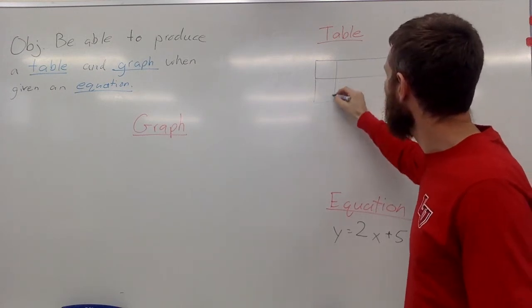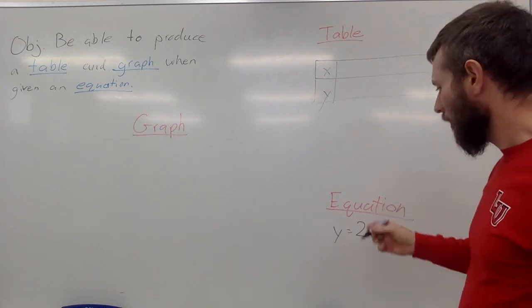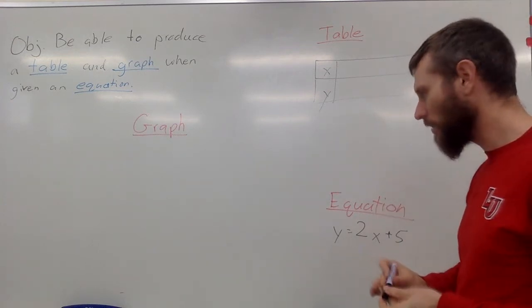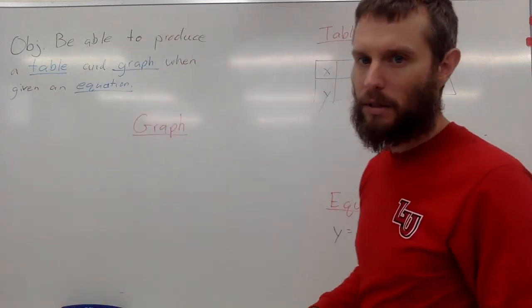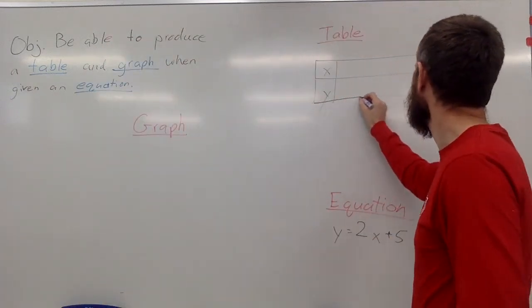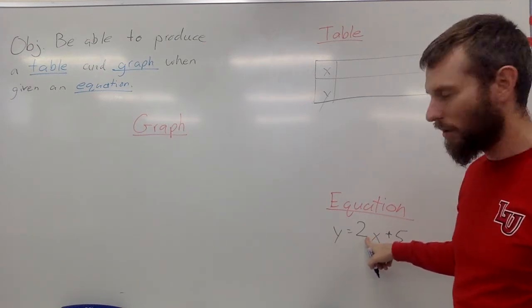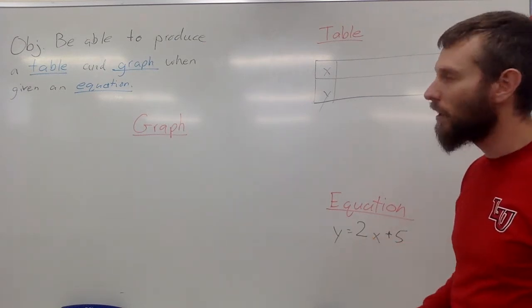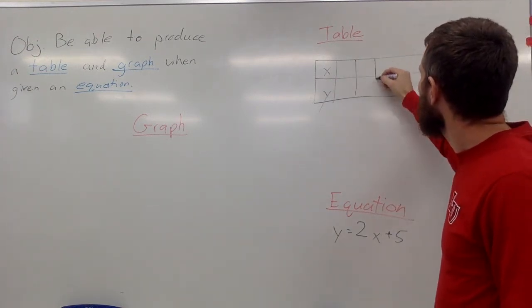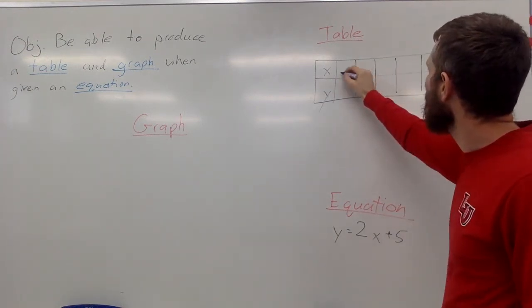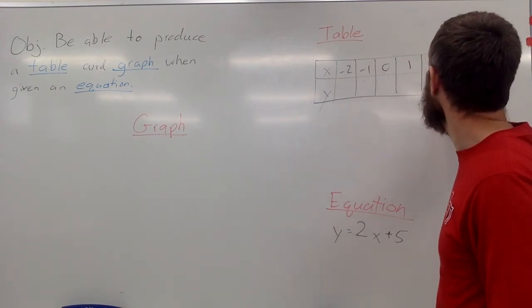Okay, so I'm going to set up a table. Give myself an x and a y. Now, sometimes easy values to use, especially if there's not a fraction for your x, are -2, -1, 0, 1, and 2.